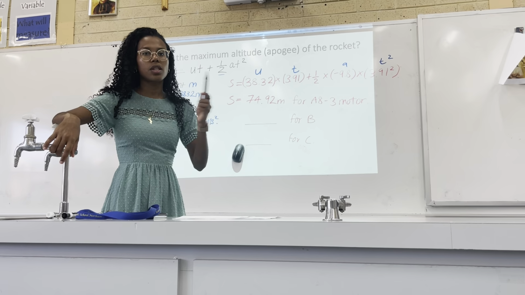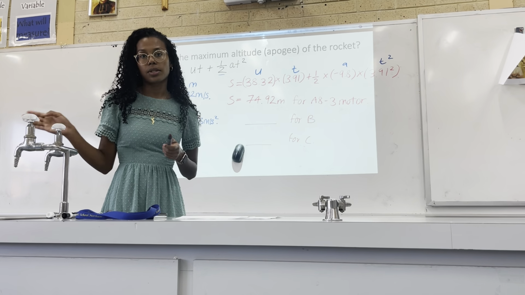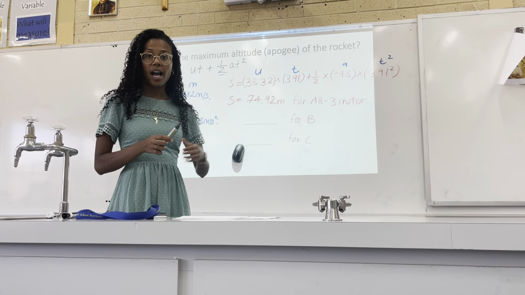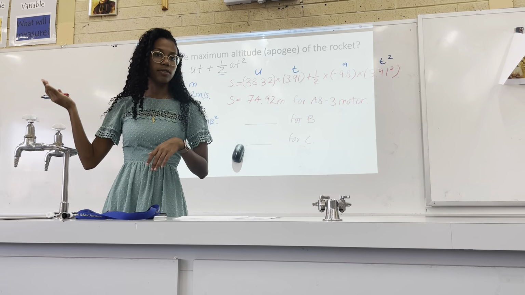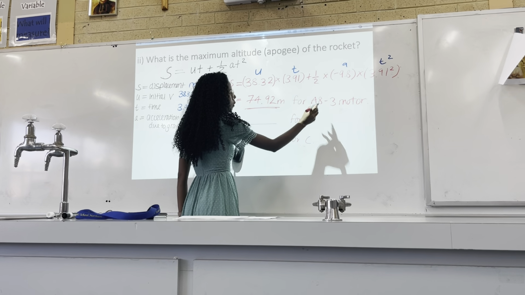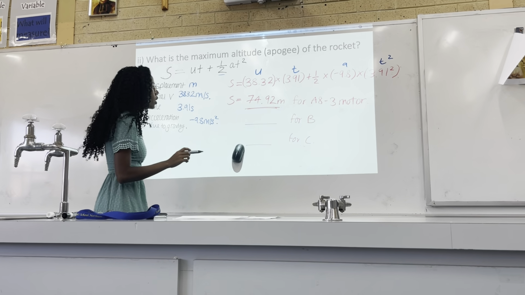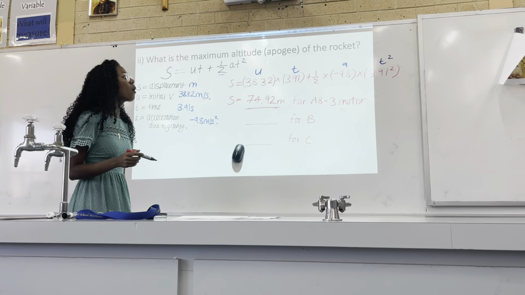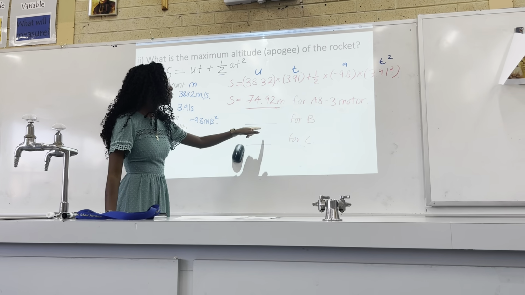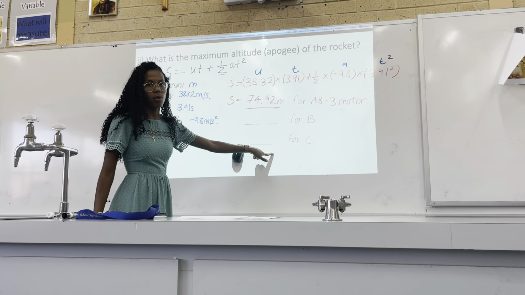If you use C3 for the first question, use C3 for the second, third, and fourth questions. If you use C5, use C5 throughout so you don't get jumbled up. So the highest it got to using the A motor was 74.92 meters, and you need to work it out again for the B motor and the C motor.